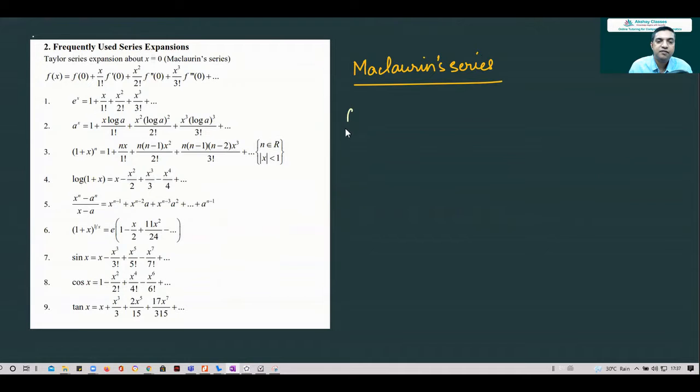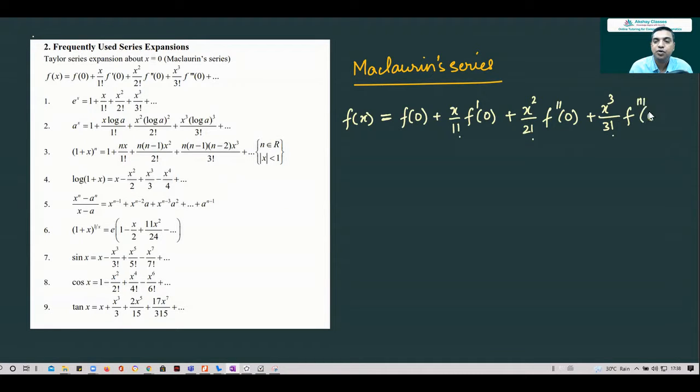Any function f, we can show through application of derivatives, any function of x can be expanded about x equal to 0 like this: f of 0 plus x by 1 factorial into f dash 0 plus x square by 2 factorial into f double dash 0 plus x cube by 3 factorial times f triple dash 0 and so on till infinity.